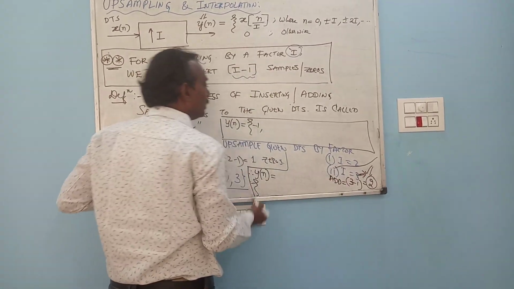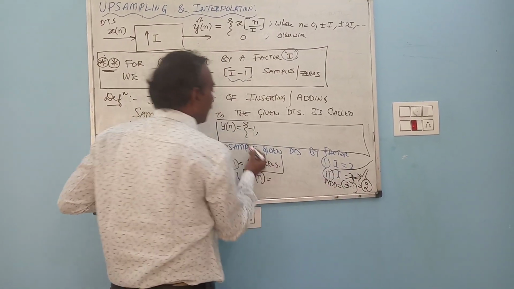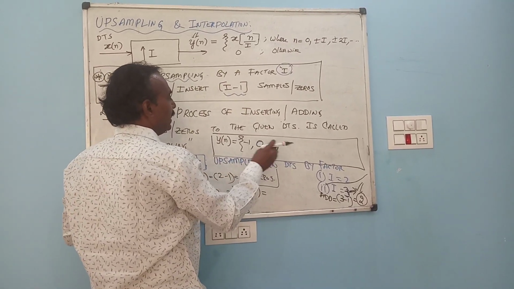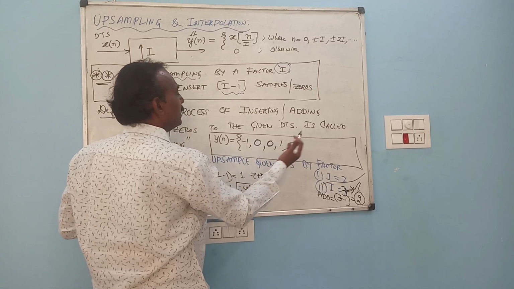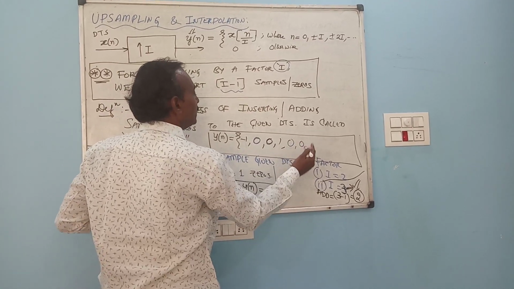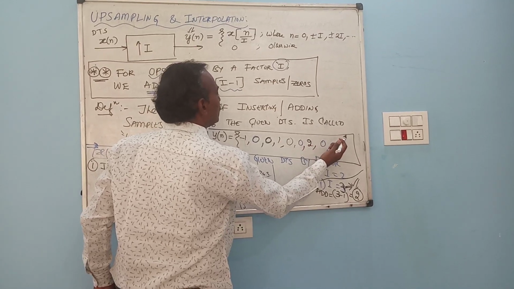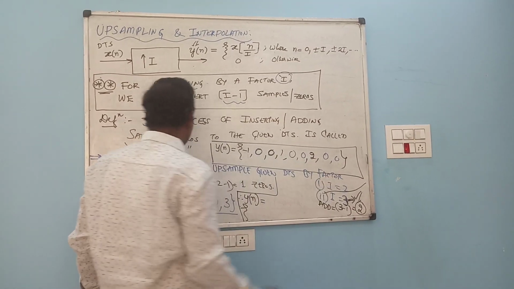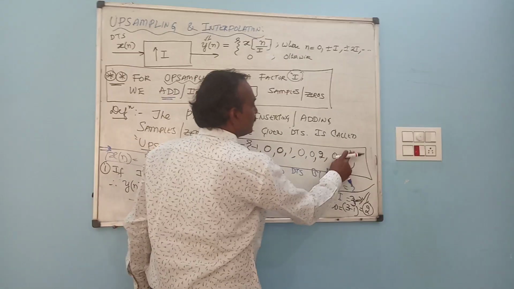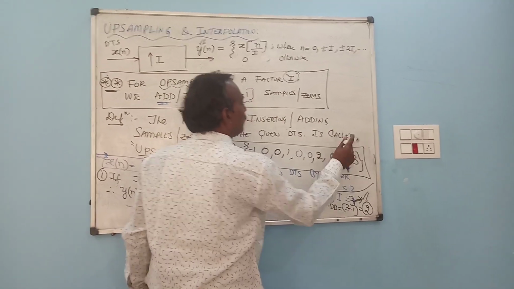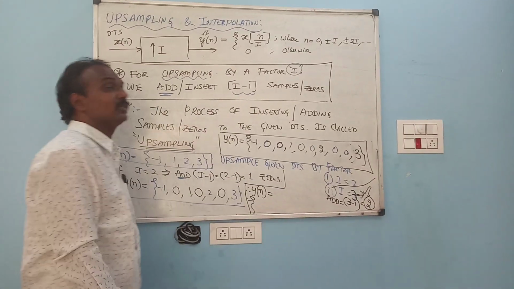Next, 1 is there, let me add 2 zeros here. Comma, 2 is there, let me add 2 zeros. And last there is a 3 which is left over. After the last sample, it is not necessary to add zeros.